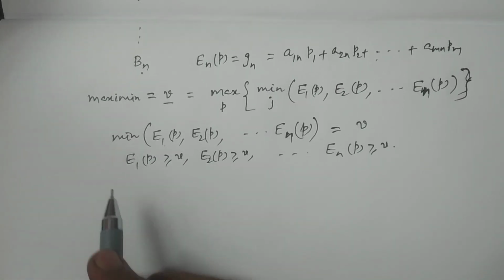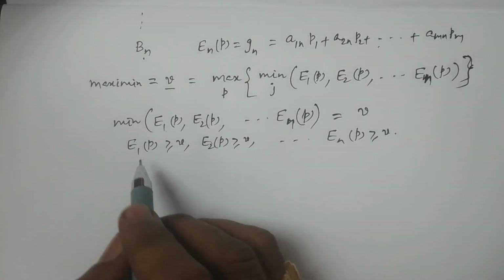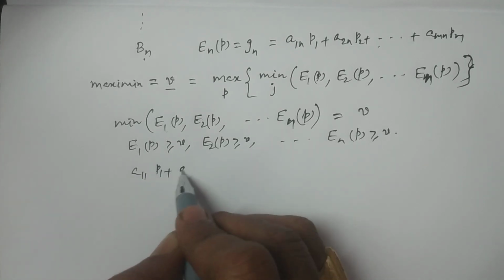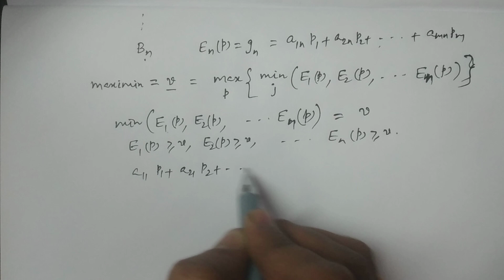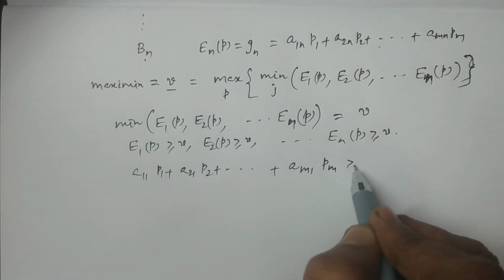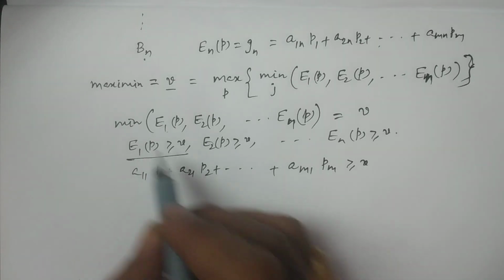Maximin point. So therefore I am writing in terms of equations: A11 P1 plus A21 P2 plus and so on plus AM1 PM, which is greater than or equal to mu, that is E1P greater than or equal to mu.